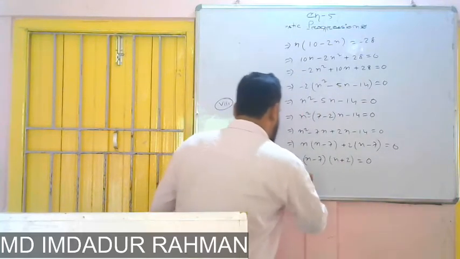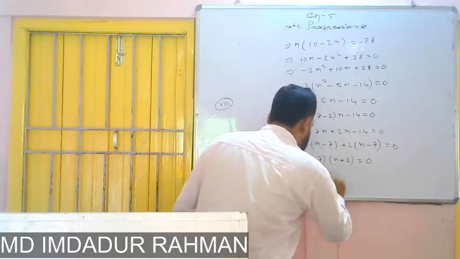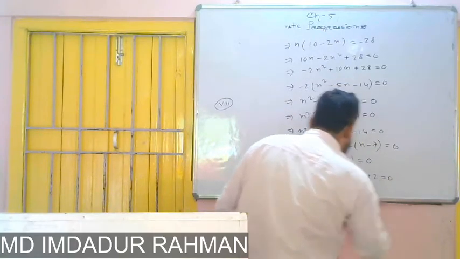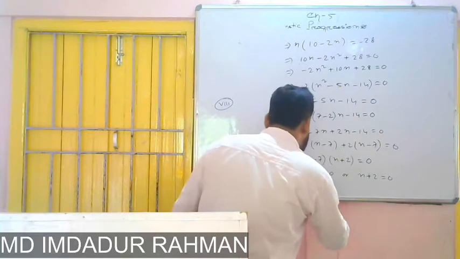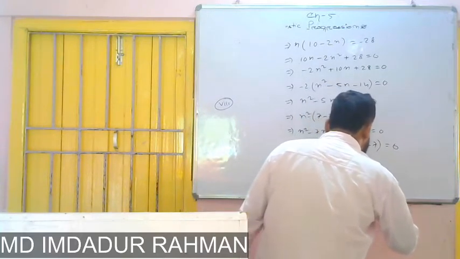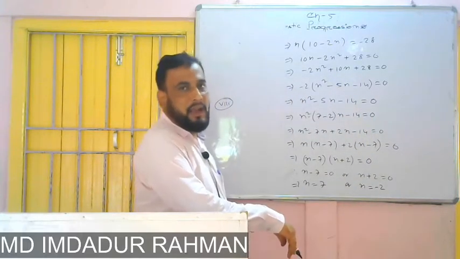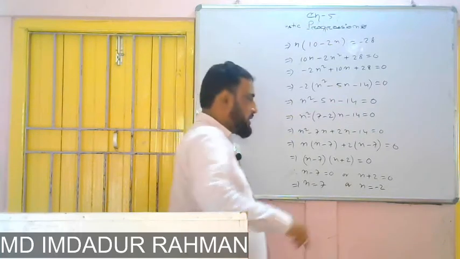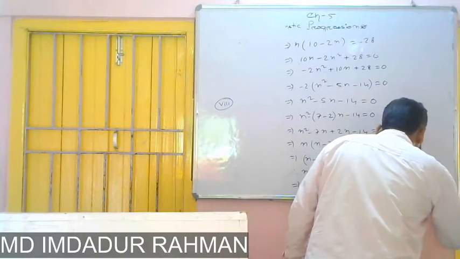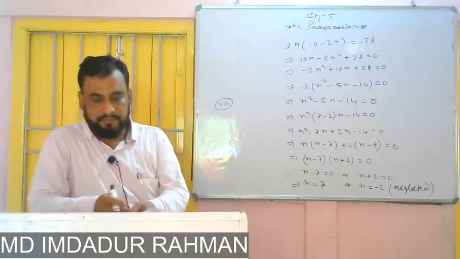Therefore n minus 7 is equal to 0 or n plus 2 is equal to 0, implies n is equal to 7 or n is equal to minus 2, which is impossible. In arithmetic progression n can never be negative or a fraction, so it is neglected. You see, the value of n became 7.